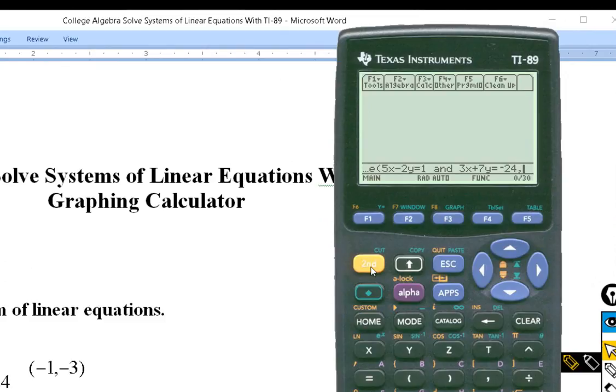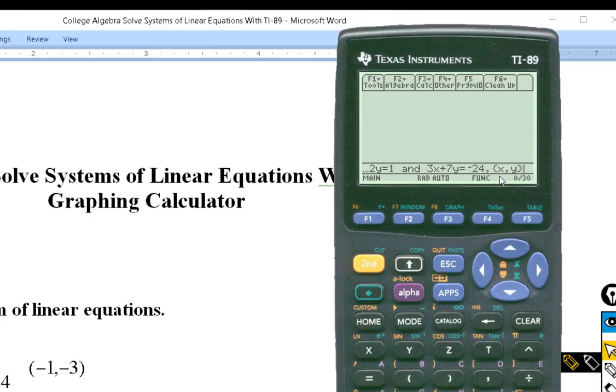So hit the second key, and then where the parentheses is, click there, and it gives you the little braces. And then enter x, and then a comma. Now enter the y, and then close with the braces again. So hit second, and hit the parentheses here. We're accessing the braces. Now if you put parentheses here, it's not going to work.